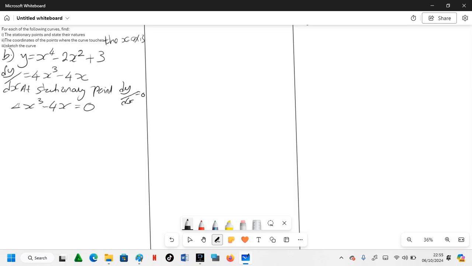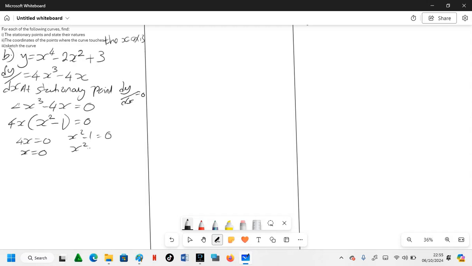You can factor out 4x, so 4x into x squared minus 1, equal to 0. So x is 0, and x squared minus 1 is 0.